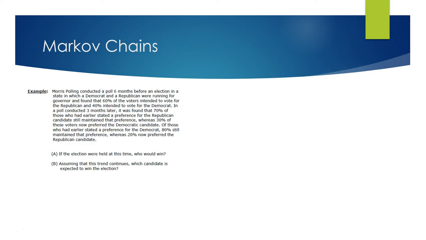It started 6 months before, today is 3 months before, and election day will be 3 months later, so the span of time is still the same. Assuming this trend continues, on election day I would expect the results to be reflected by stage 2, and stage 2 would be the transition matrix times stage 1.